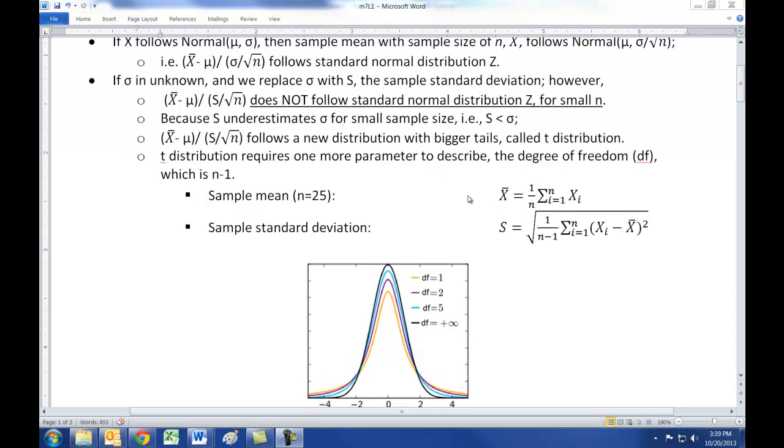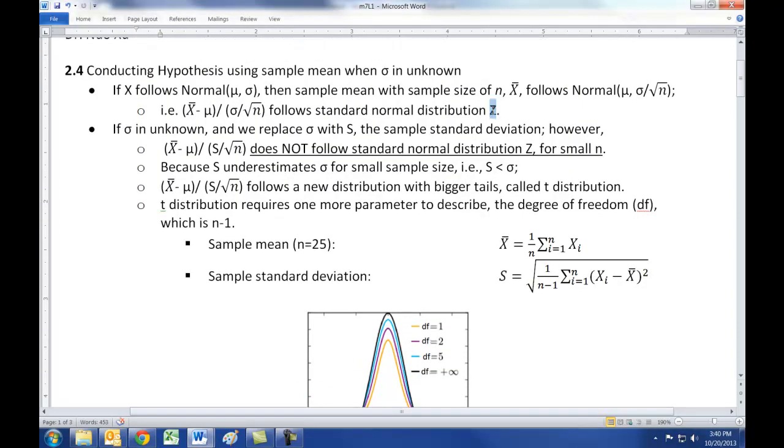A second difference is there's only one standard normal distribution Z, but there is a sequence of T-distributions. And the reason is the following. Since the underestimation of sigma by S is because of small sample size, the smaller the sample size, the bigger the underestimation.